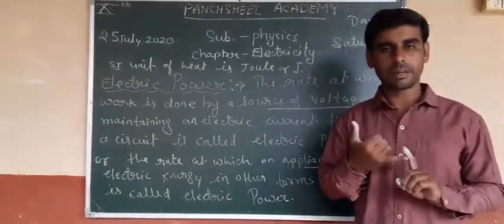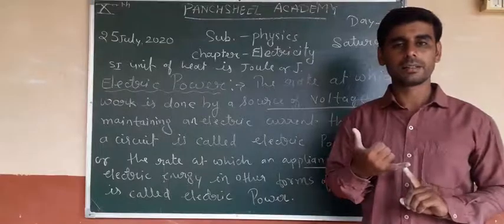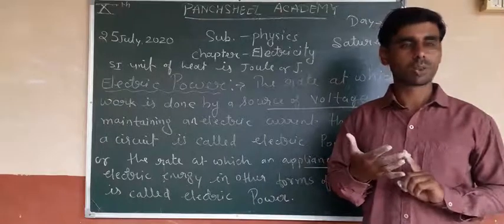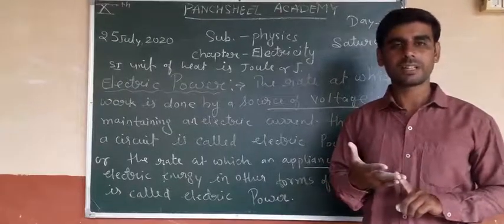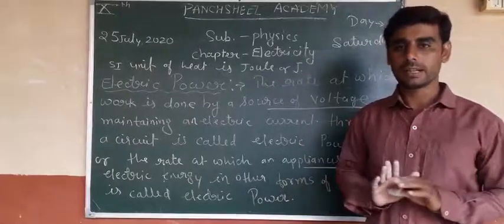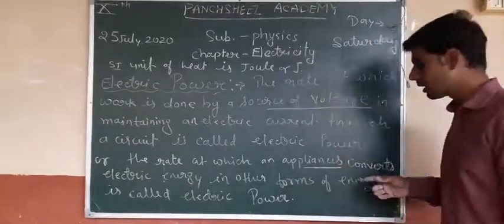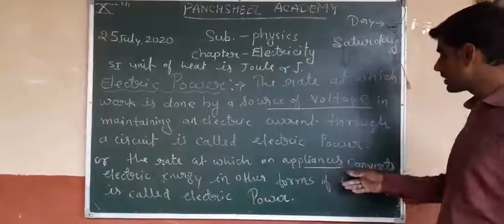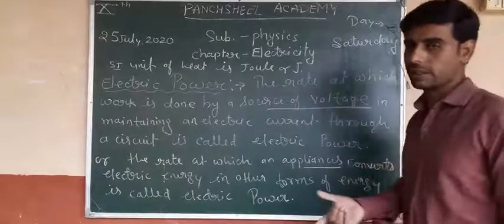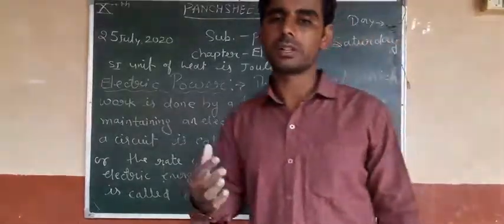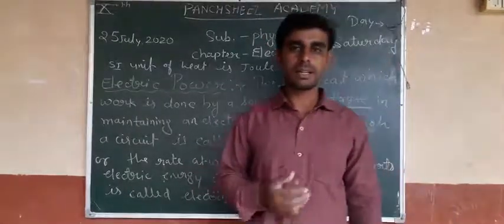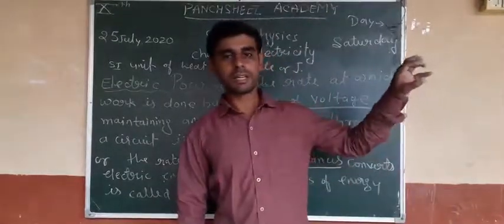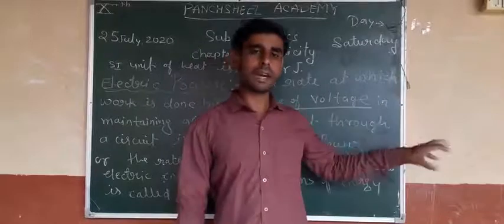Appliances means what? Such as electric bulb, electric iron, fan, cooler, TV, refrigerator. These are the electrical appliances. So the rate at which these appliances convert electric energy into other forms of energy is called electric power. For example, the bulb converts electrical energy into light energy.